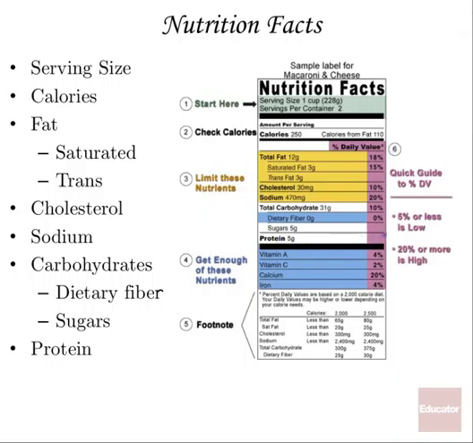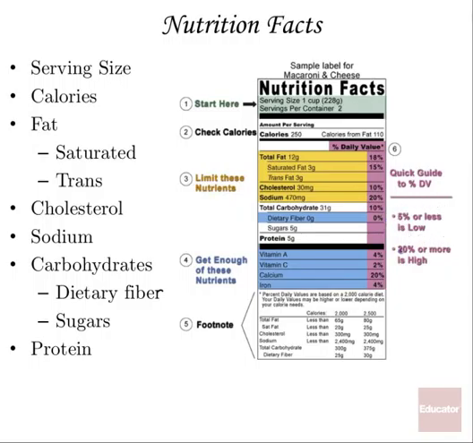You don't typically see the percentage for protein. Protein needs really depend on your activity and musculature in a sense. But when you look at fat, cholesterol, sodium, carbohydrates, they give you a guide here in terms of the percentage. In general, they say, hey, 5% or less, that's low.